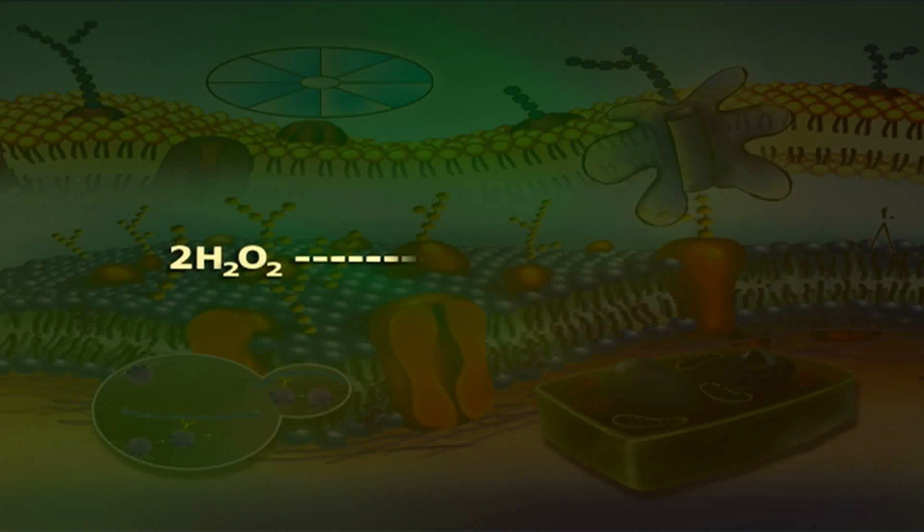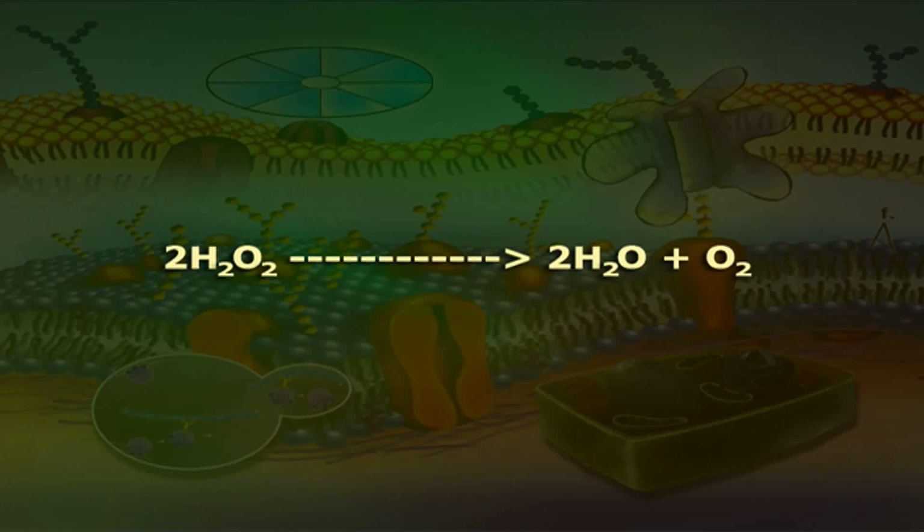In this way, when excess hydrogen peroxide accumulates in the cell, catalase converts hydrogen peroxide into water. We can have a look at the reaction where 2H2O2 leads to the formation of 2 molecules of water and oxygen. Most of the cytosolic hydrogen peroxide is produced by mitochondria and the endoplasmic reticulum membrane, and also by the cytoplasmic matrix by hydrogen peroxide producing enzymes.